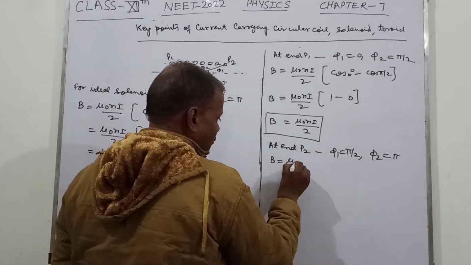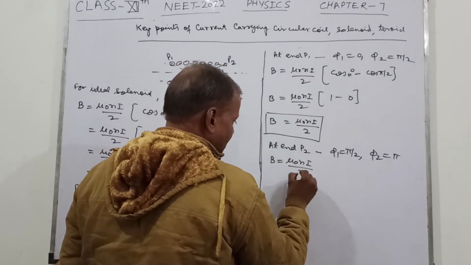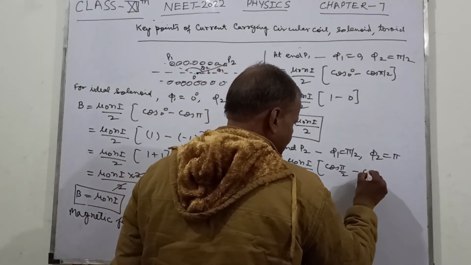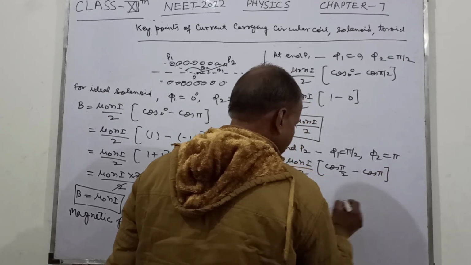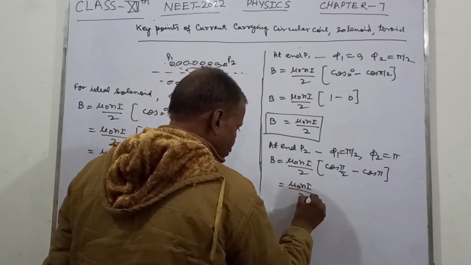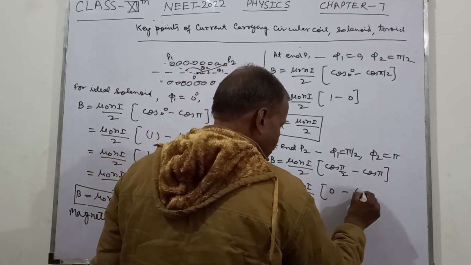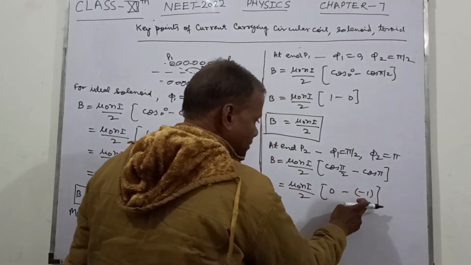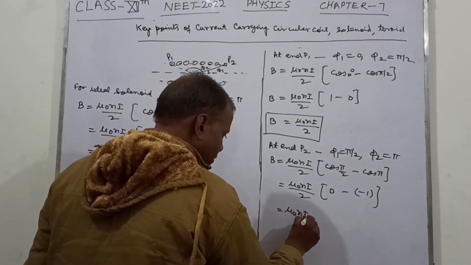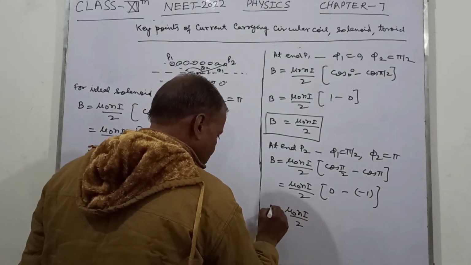Then B is equal to mu naught Ni upon 2 into cos pi by 2 minus cos pi, which is 0 minus minus 1, that is plus 1. So this will be equal to mu naught Ni upon 2.